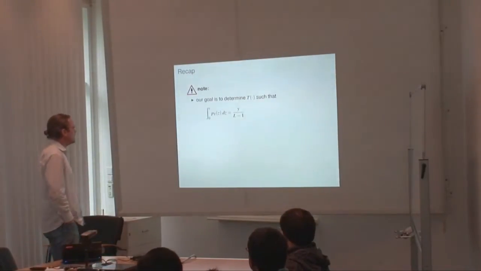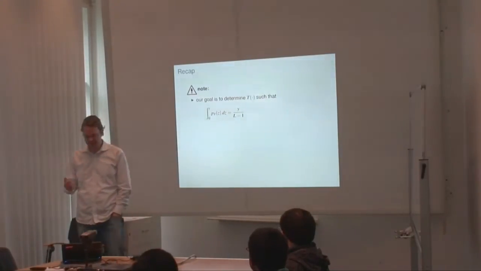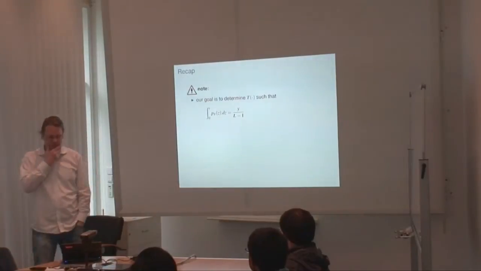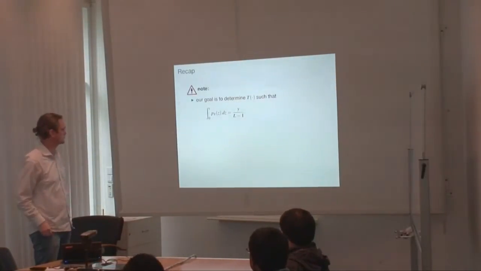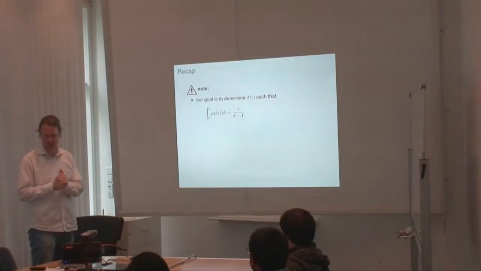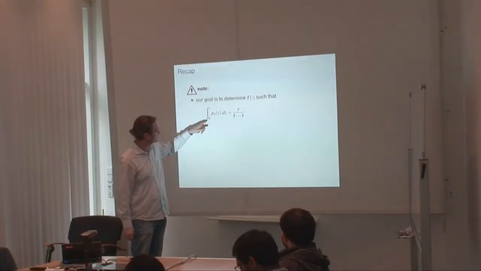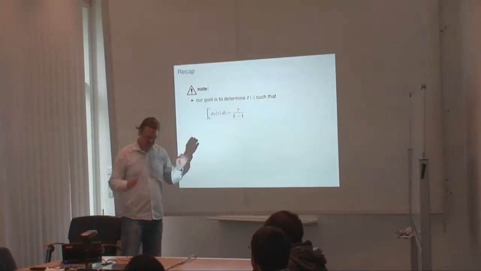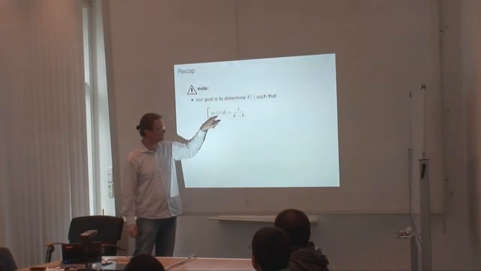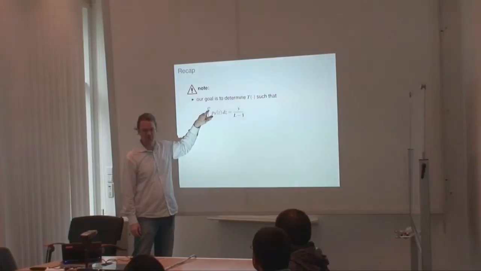And our goal is to determine a transformation T such that if we look at the cumulative density function of this random variable y, so if we evaluate this integral from 0 to y, py of z dz, note that I'm using the z here only because the y appears as a boundary of integration.